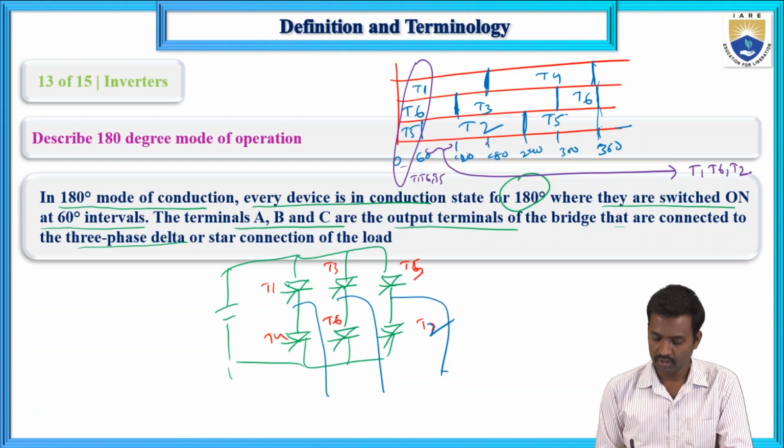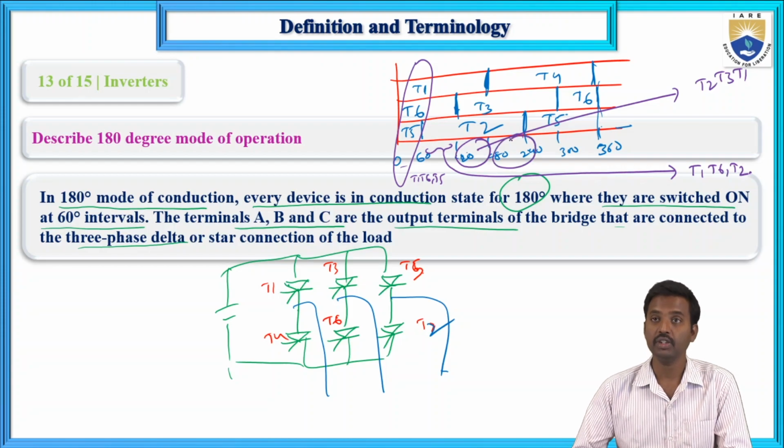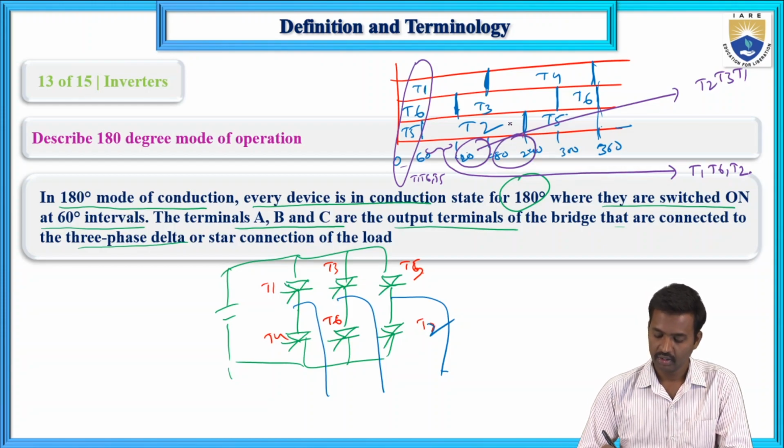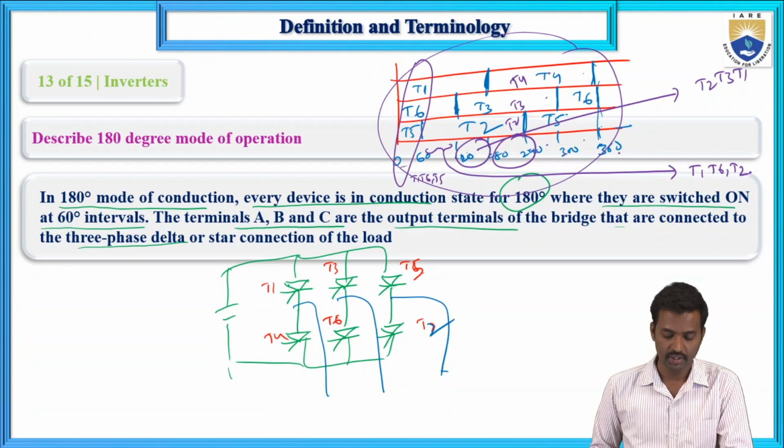And next between these two, T2, T3 and T1, and 180 to 240, T2, T3 and T4, and 240 to 300, T5, T3 and T4, and 300 to 360, T5, T6 and T4. According to this control scheme, we can determine the output voltage of the 180 degrees mode.